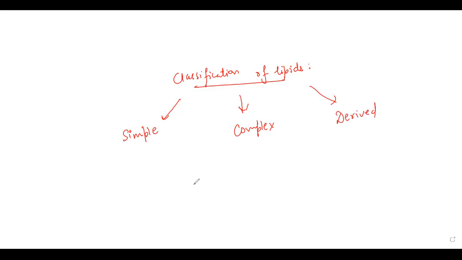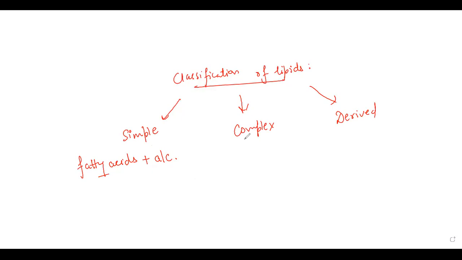The difference between these three kinds of lipids is that the simple lipids are esters of fatty acids with some alcohol, with any kind of alcohol. It can be methanol, ethanol, propanol, or any other alcohol, but a fatty acid is mandatory.